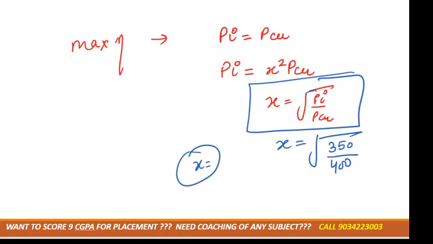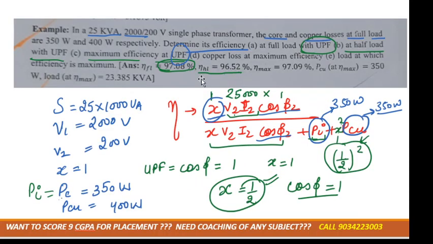Any doubt up to here? You can calculate it also. And you know the formula for the maximum efficiency. After solving, x is equal to root of Pi by PCU. V2 I2 is the same, 25,000. Cos phi they have mentioned 1. Pi is 350 and PCU is 350. From this we'll get the maximum efficiency as 97.09%.